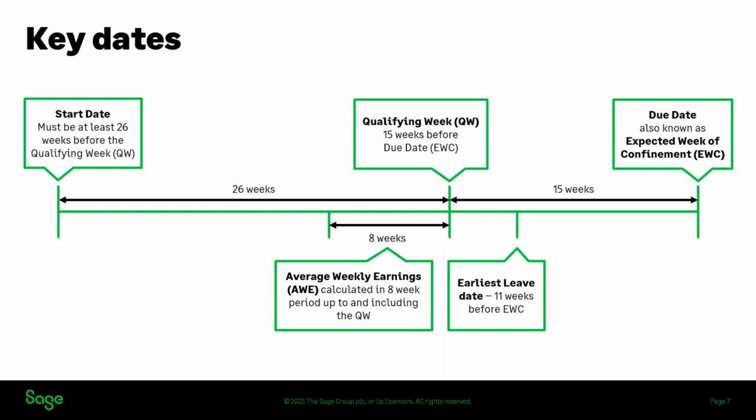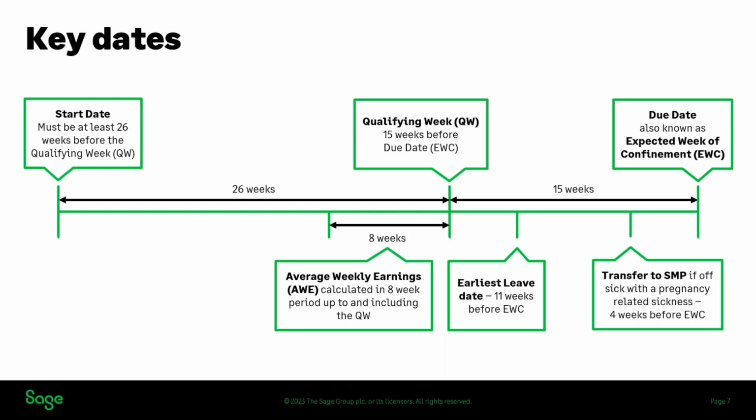The earliest leave date for maternity leave is usually 11 weeks before the due date. However, if the baby is born before 11 weeks before the due date, it will start with immediate effect. And for employees that are off sick due to a pregnancy-related sickness, if they are still off sick 4 weeks before the due date, at that point they must transfer and start their SMP payment.